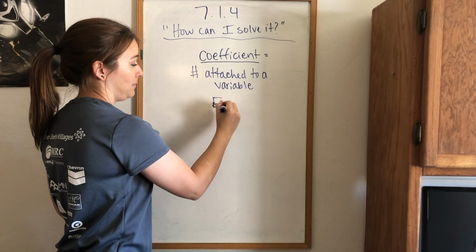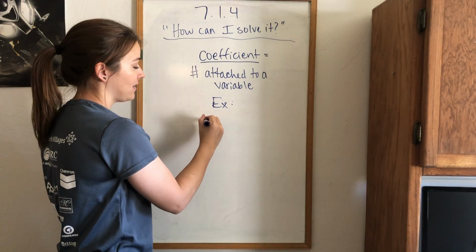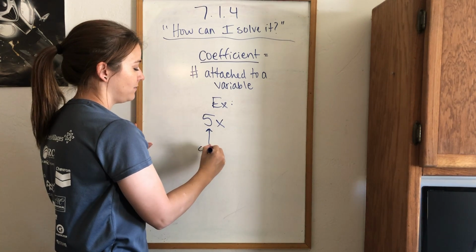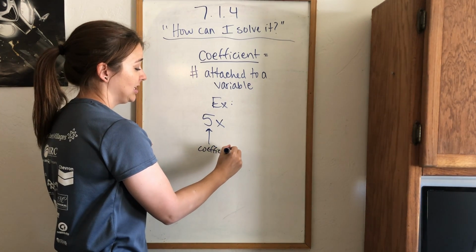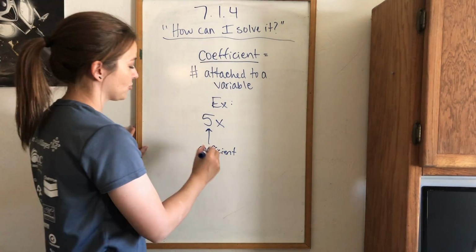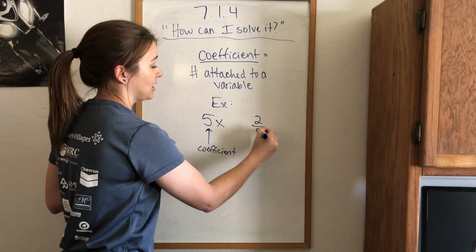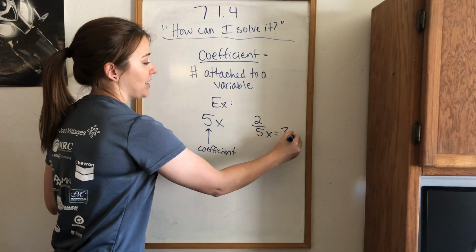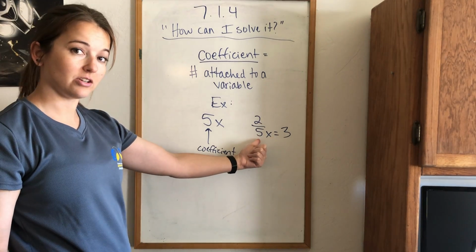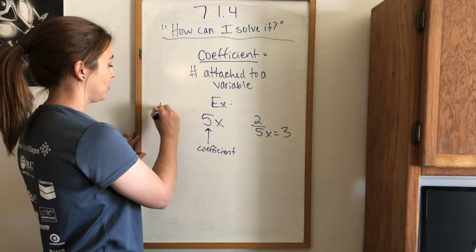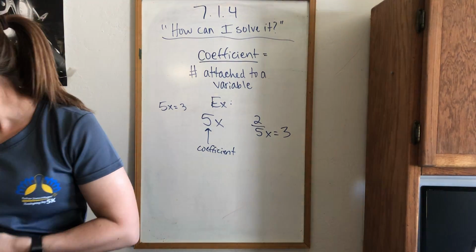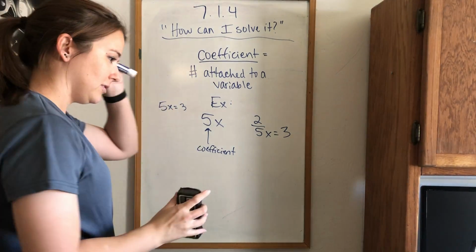For example, if I have 5x in an equation, this 5 is the coefficient. So this lesson is dealing with, well, what if this is actually 2/5 x equals 3? How could I solve it if I have a fraction coefficient? Because it's much easier when you have a whole number coefficient, right? Okay. So that's the gist of this lesson.